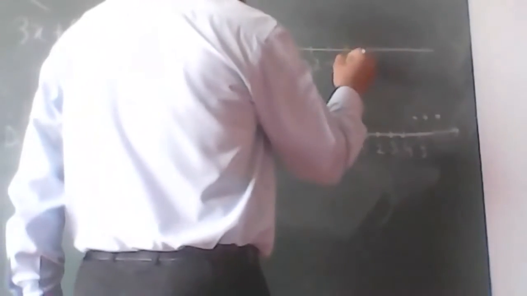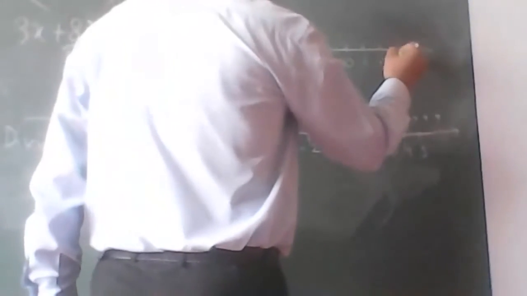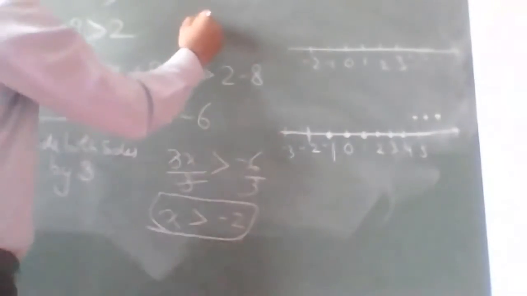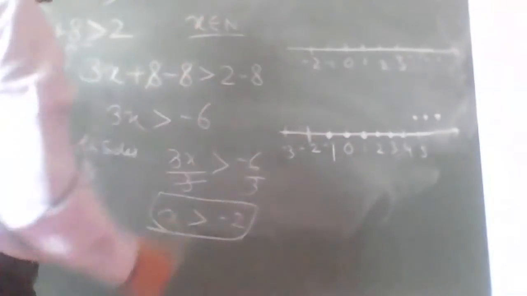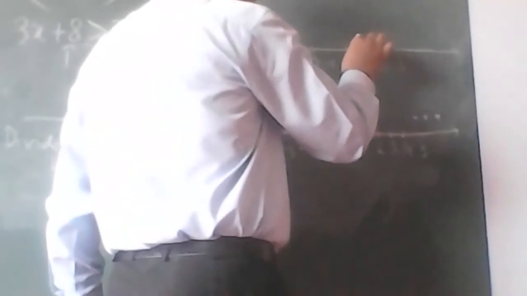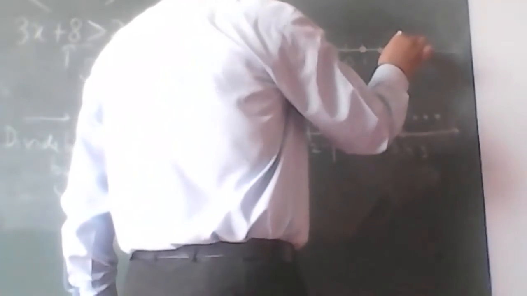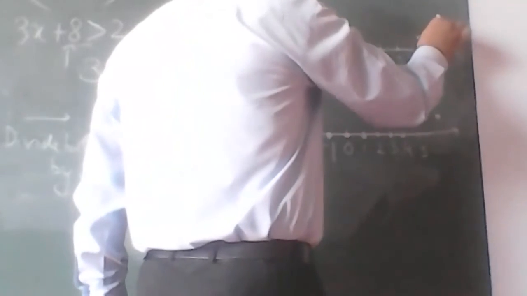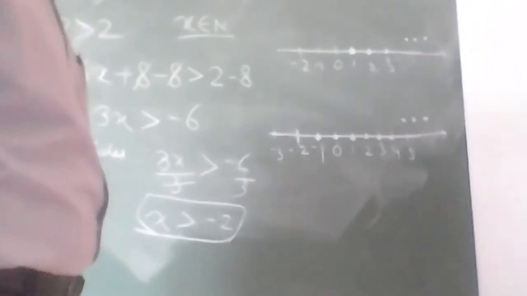In that case, x is greater than -2, but x belongs to n. n में 0 तक नहीं आता है, so we'll start from 1, 2, 3, and regular 3 dots the same way what way we have represented earlier also.